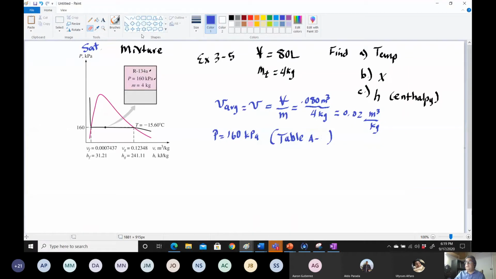So it's actually A12. All right, so we found the temperature. The temperature associated with this pressure is equal to minus 15.60 degrees Celsius. That's one of the things we needed to solve.